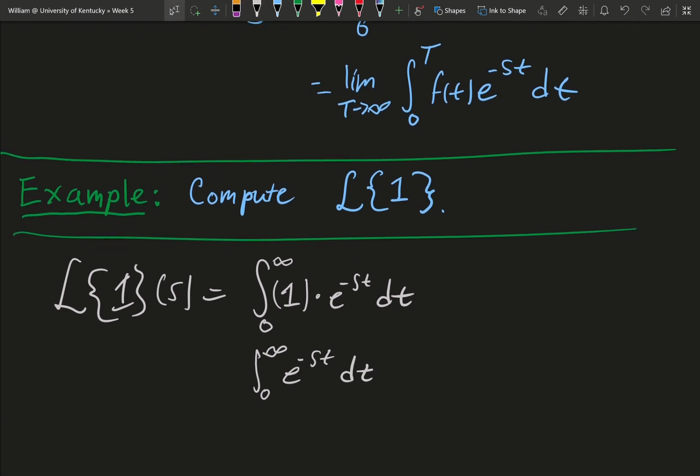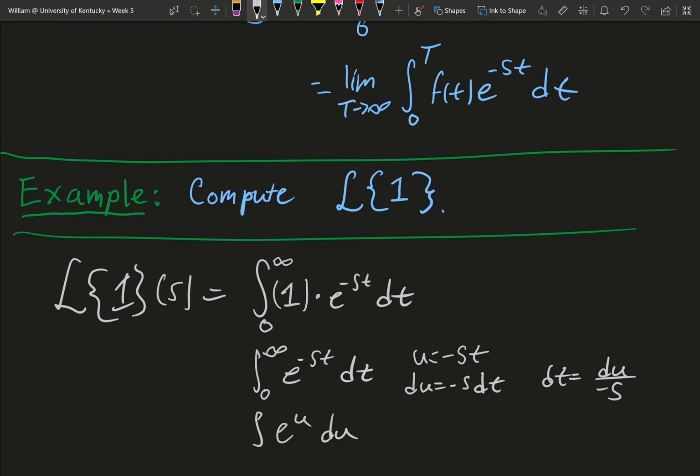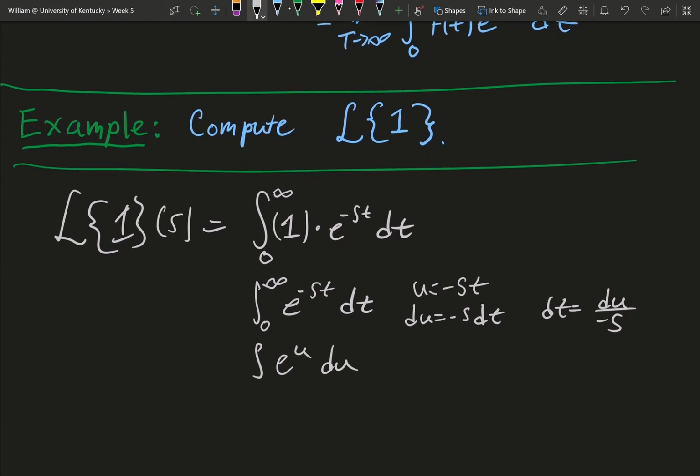All right, so now we just want to take the integral of e to the negative st. This is a pretty straightforward u sub. u equals negative st, so du equals negative s dt, and dt equals du over negative s. I'm not going to worry about the bounds now, but this is just e to the u.